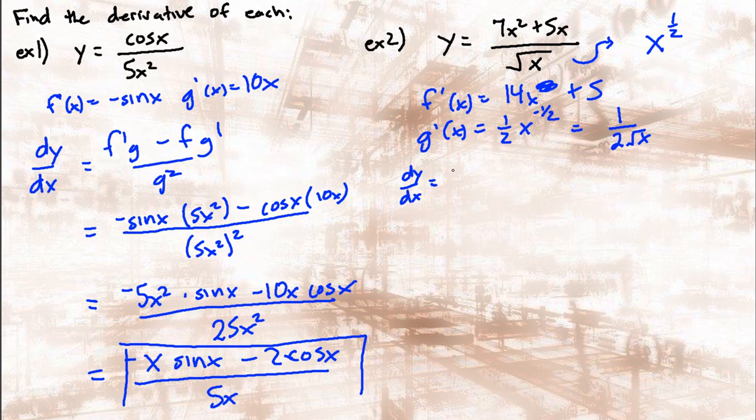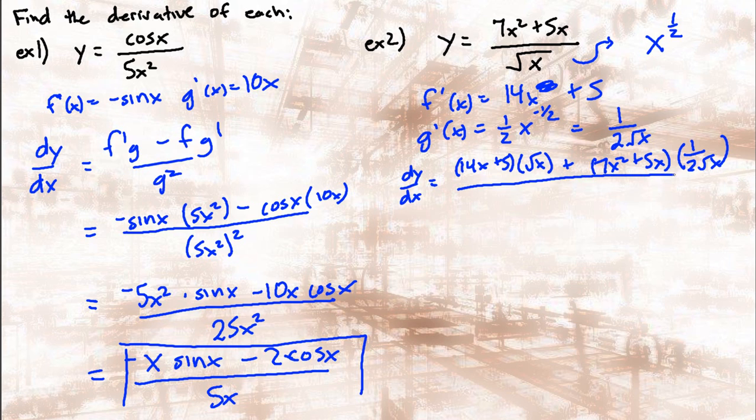So our derivative is going to be 14x plus 5 times root x plus the numerator, 7x squared plus 5x times the derivative of the denominator, which is 1 over 2 root x.